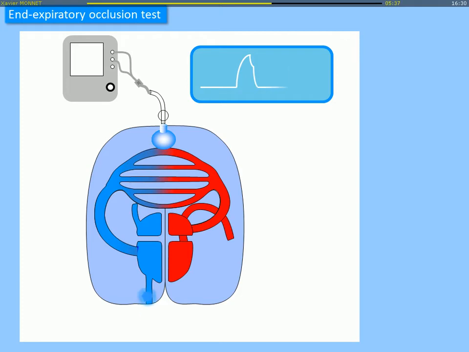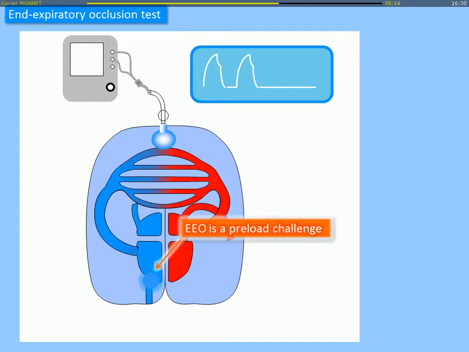So if you interrupt mechanical ventilation at end expiration, just like for measuring the intrinsic PEEP, then you stop this cyclic impediment of venous return, meaning that you allow the cardiac preload to increase. So in fact, this short end-expiratory occlusion induces a preload challenge.